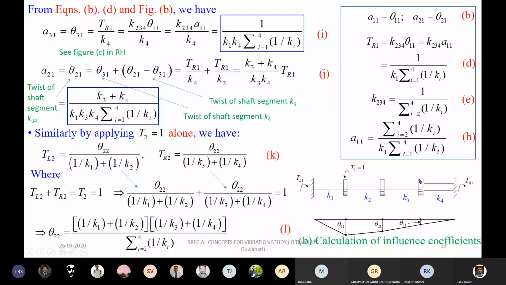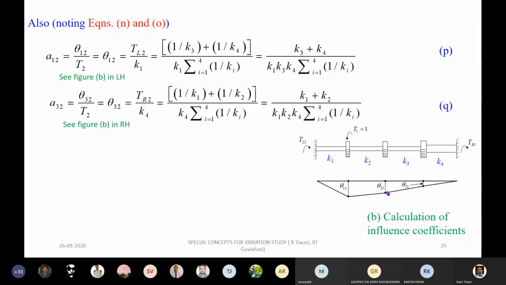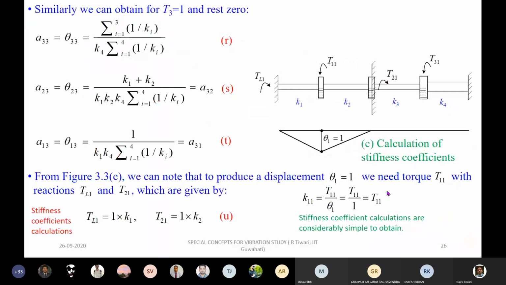So those influence coefficients I'm skipping here, not explaining; I'm giving the slides. If you have difficulty, you can again ask me questions. For all the other influence coefficients the procedure remains the same. The only thing is there is too much mathematics, so I'm skipping that. So this is for the third one.